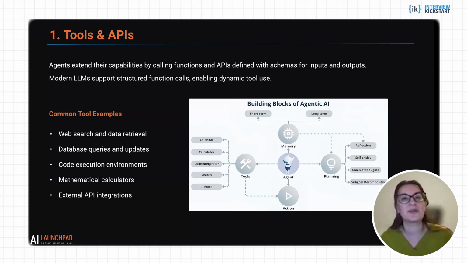If you want to, for example, build a travel assistant agent, it may have a web search API to look up flight prices, a currency converter to estimate total costs, or a calendar integration. And we can think of many examples. A cybersecurity copilot may call APIs that query SIEM service logs, trigger incident response playbooks, or look up asset information.